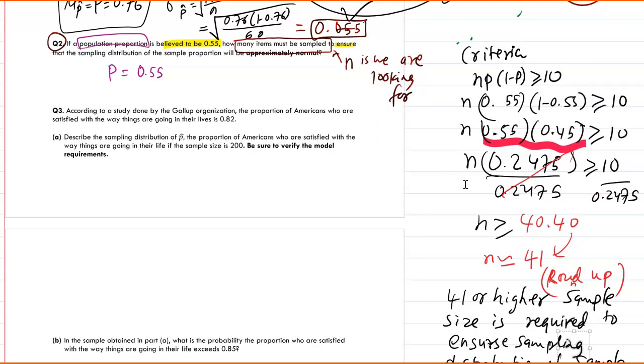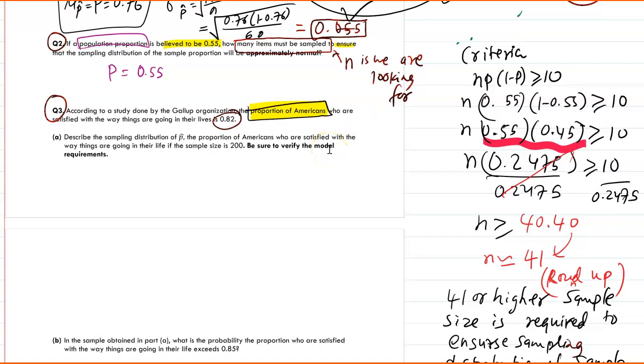Question number 3. According to a study done by the Gallup organization, the proportion of Americans who are satisfied with the way things are going in their life is 0.82. That's the proportion of the population, because it's the proportion of all Americans, not the sampled Americans. Everybody American.